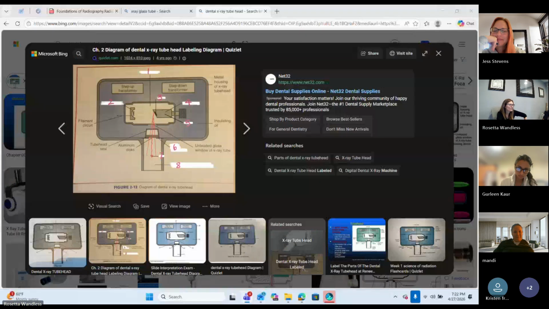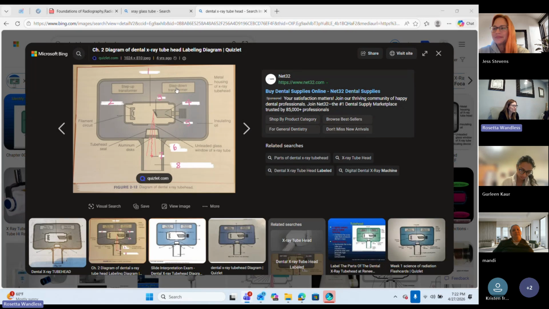Okay, so this is a pretty decent picture here. This is showing the tube head, our step up and step down transformer, our glass tube that we've looked at a bunch, our metal housing all the way on the outside, and our insulating oil inside.